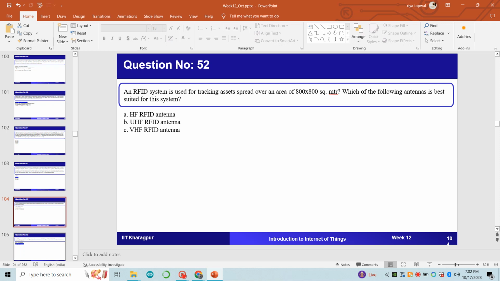It's option B. Anyone else? The correct option for this is B, that is UHF RFID antenna.